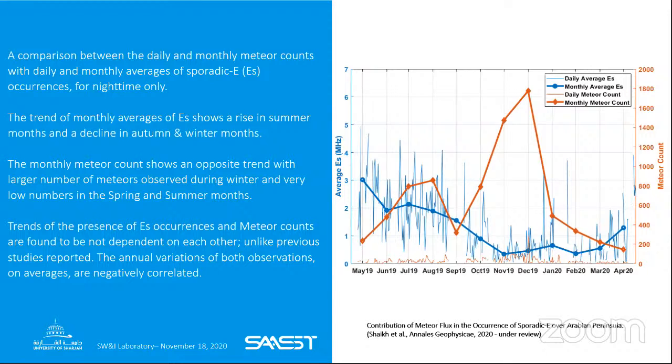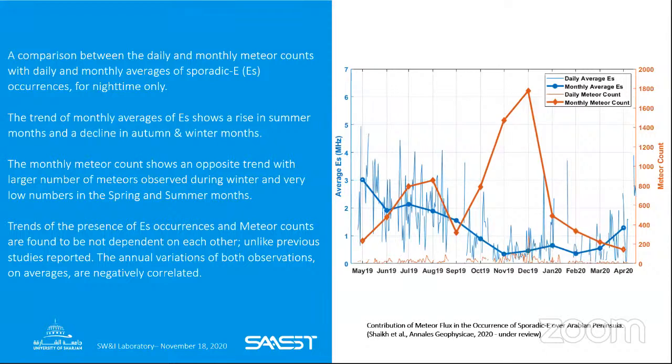And this is a very common understanding throughout the world: the larger the meteor flux at any location, the larger the intensity of the ES layer. However, when we started combining data, luckily we have the MMN network, the meteor monitoring network, with 3 towers, one of them installed next to the ionosonde.